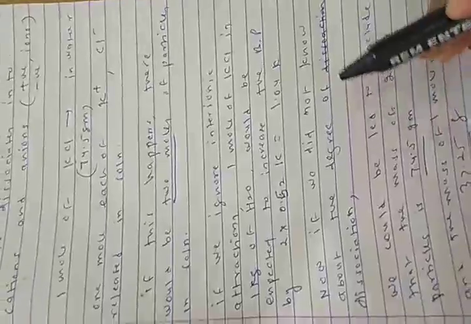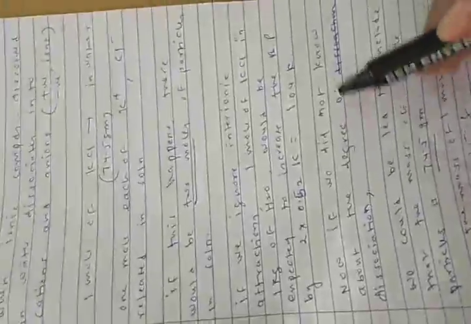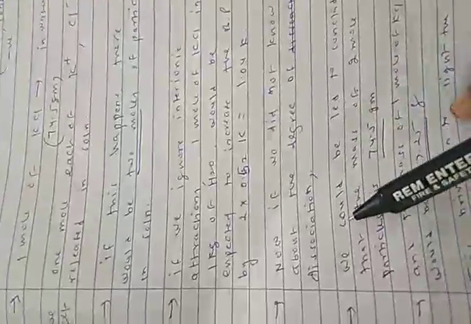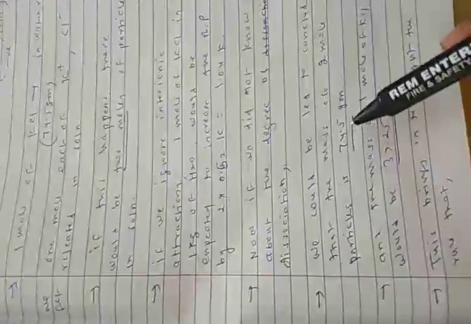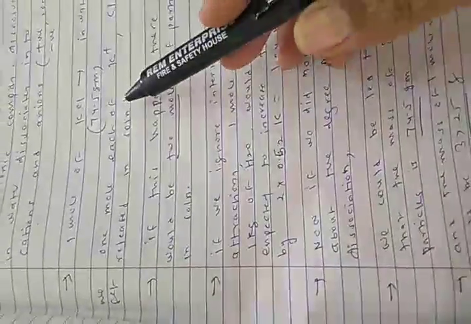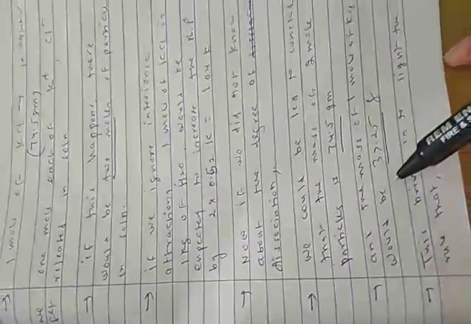Now, if we did not know about the degree of dissociation, we could be led to conclude that the mass of 2 moles of particles is 74.5 gram. Okay? And the mass of 1 mole of KCl would be 37.25, half of that.